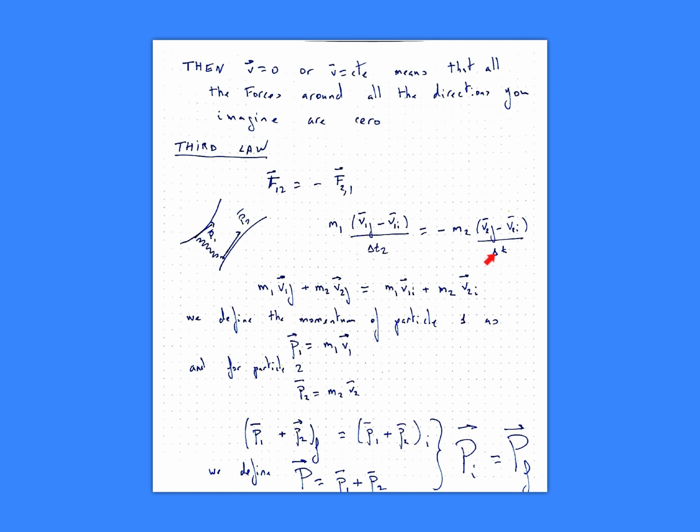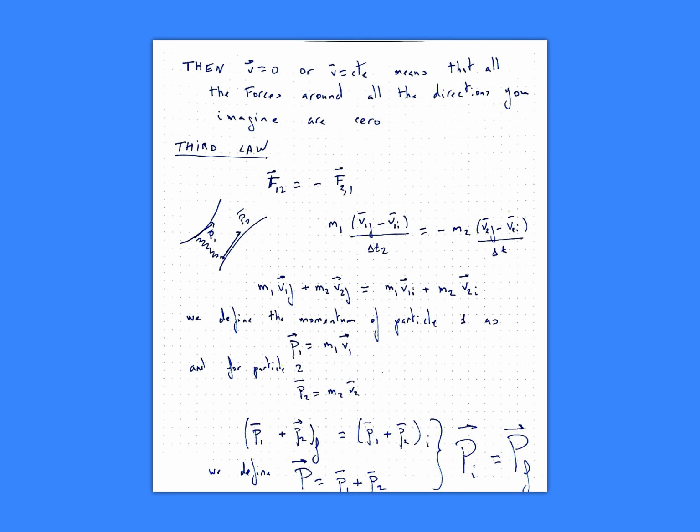If you cancel delta t, you will find the momentum conservation. So what it means is that the third law, F12 equals minus F21, the force acting on 1 due to 2 equals minus the same magnitude but in the opposite direction.